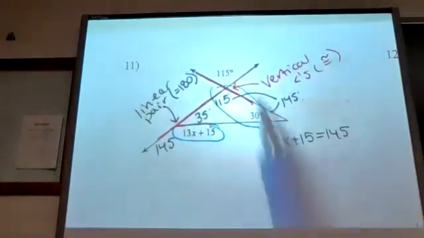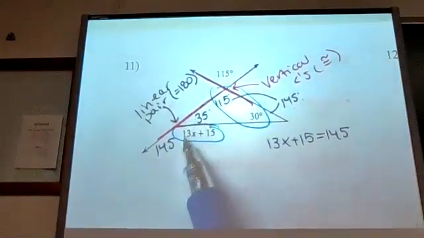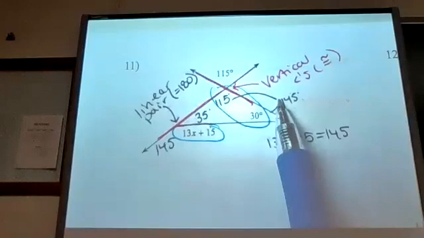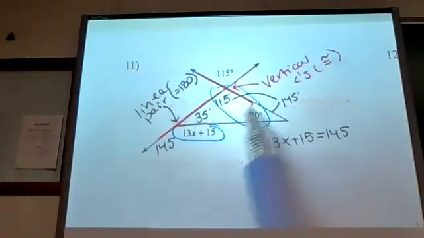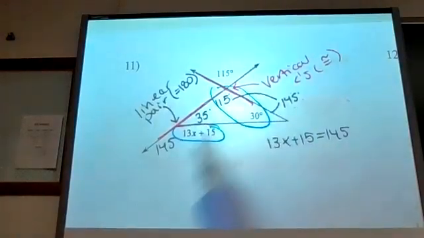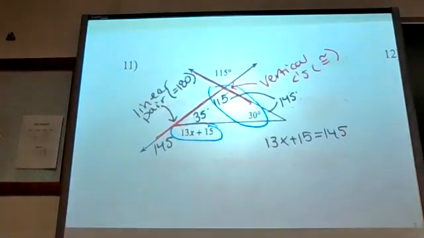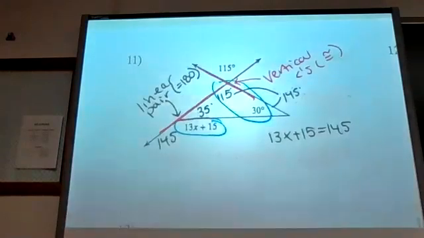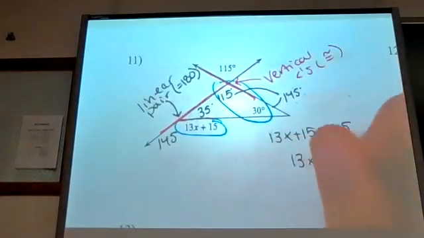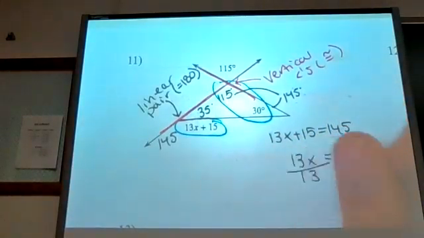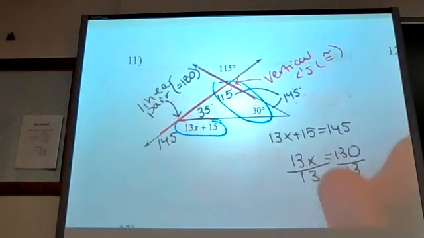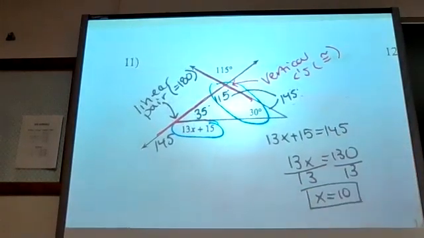So you can see if I use that, I would have also gotten 13x plus 15 equals 145. Okay, so I could have used this exterior angle theorem or kind of worked my way through and got my equation that way too. So then I subtract 15 and I get 13x equals 130 and divide by 13 and we get x equals 10.